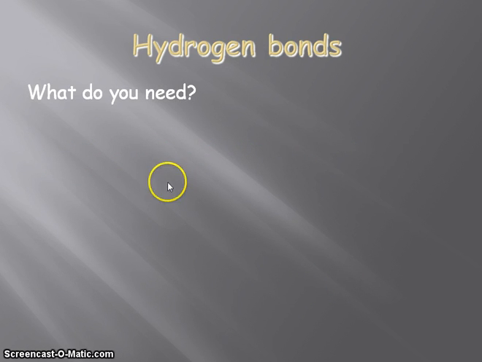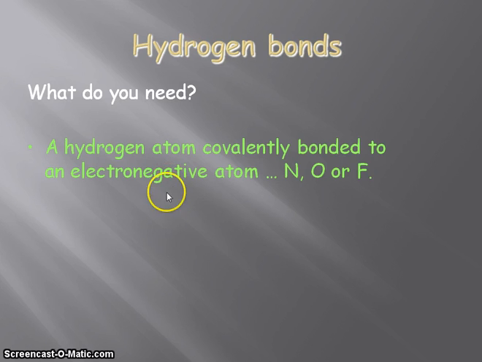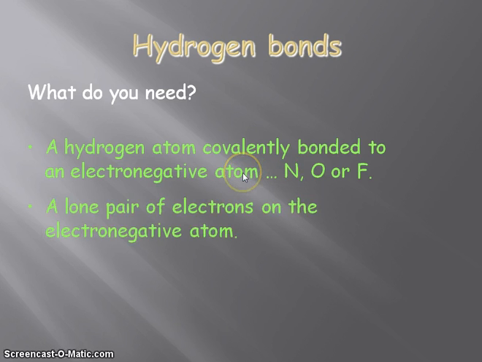For hydrogen bonding, what do you need? A hydrogen atom covalently bonded to an electronegative atom such as nitrogen, oxygen, or fluorine. When a hydrogen atom is covalently bonded with a strongly electronegative atom such as nitrogen, oxygen, or fluorine, it is able to strongly attract the shared pair of electrons.